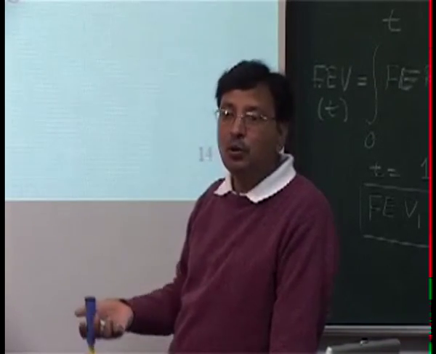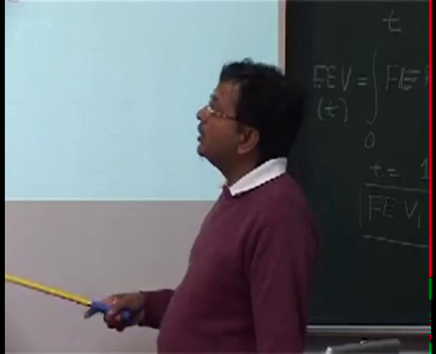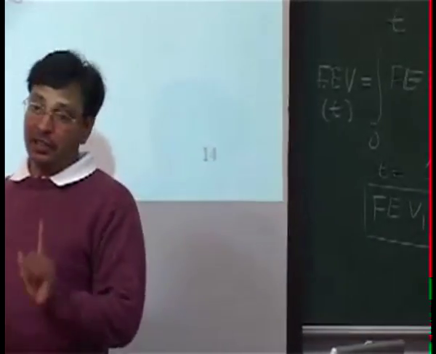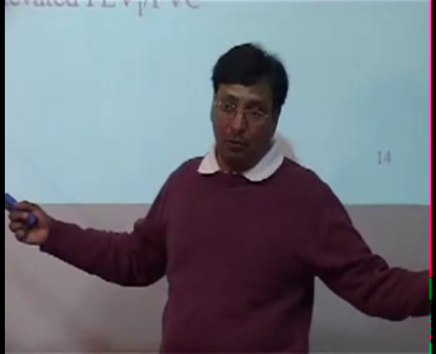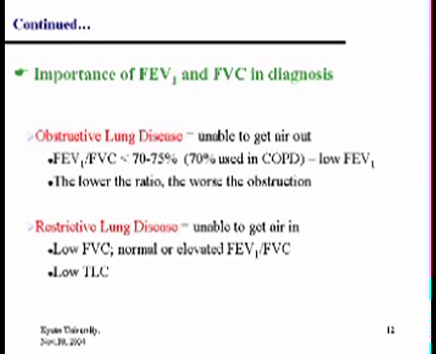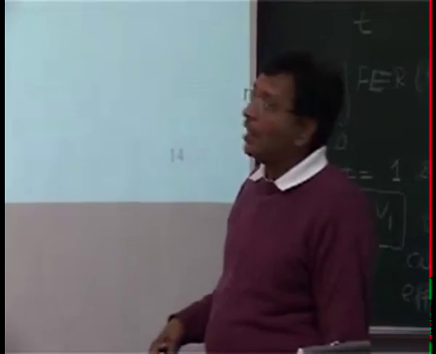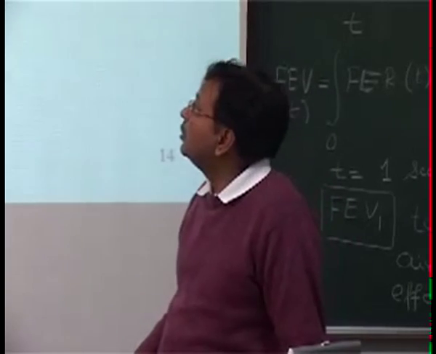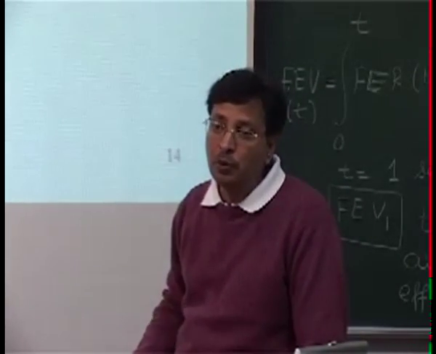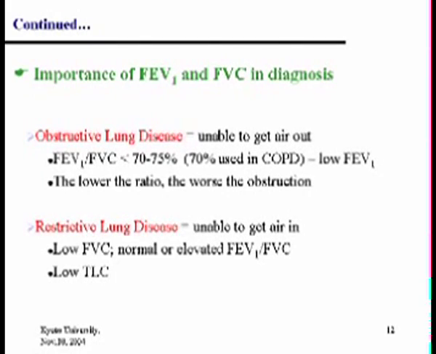FVC will be higher. This is the total forced vital capacity, and FEV1 is the amount of air exhaled in 1 second, which is much smaller than the total volume. So if this ratio becomes much smaller than 70%, the person is suffering from COPD. Obstructive diseases are more attributed to air pollution.